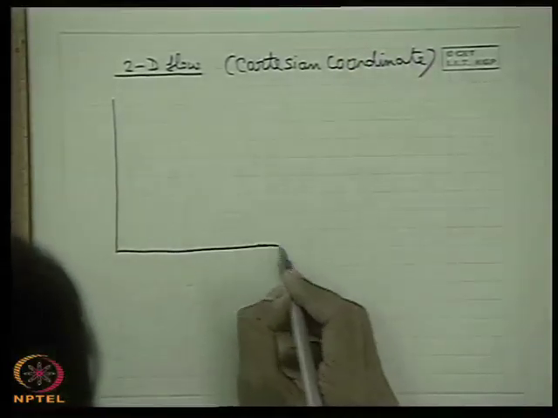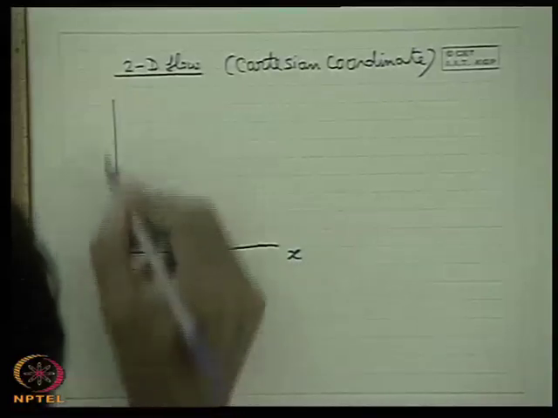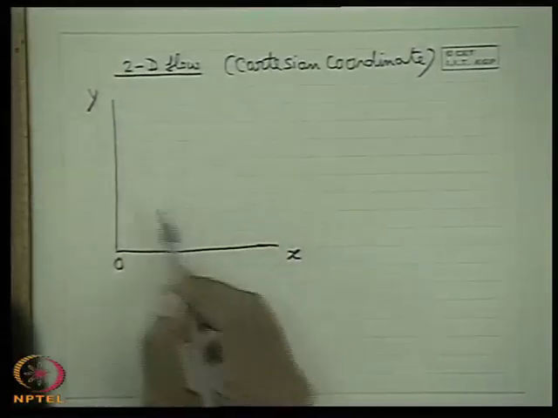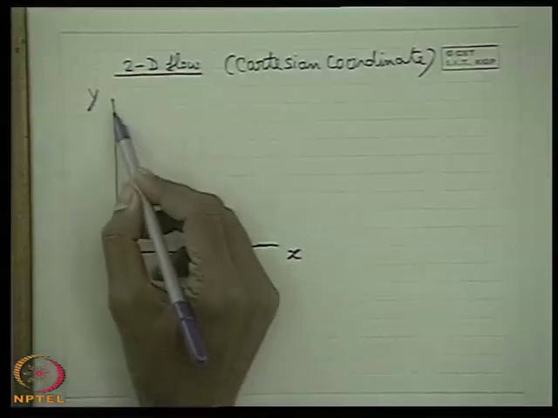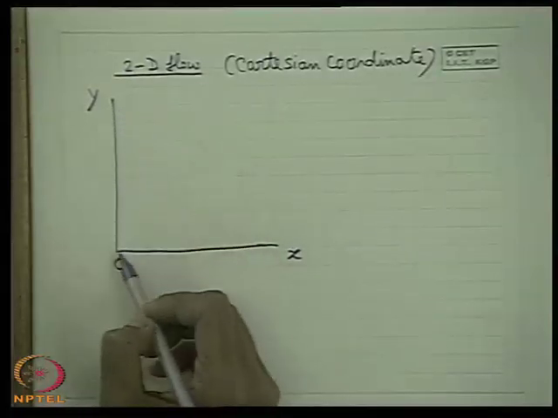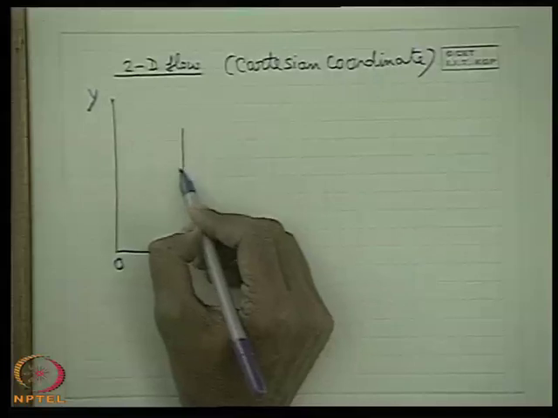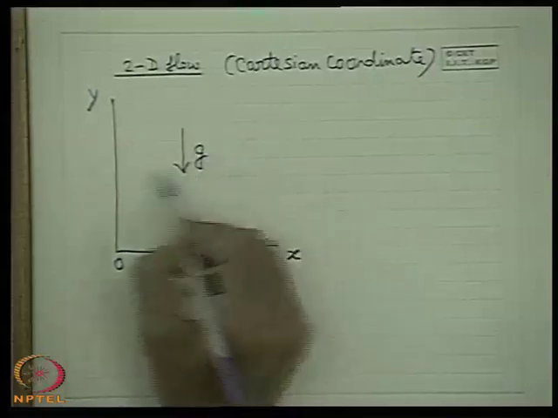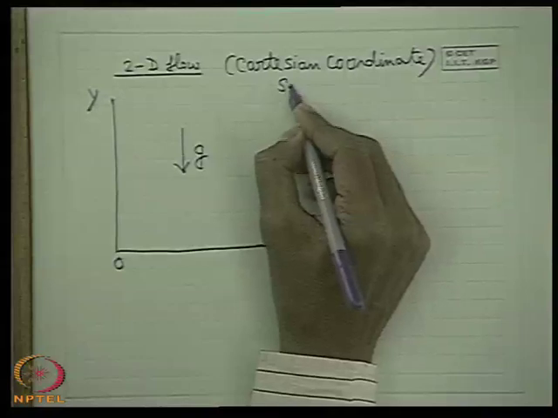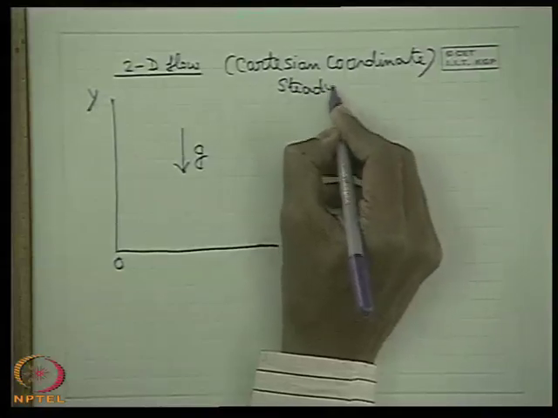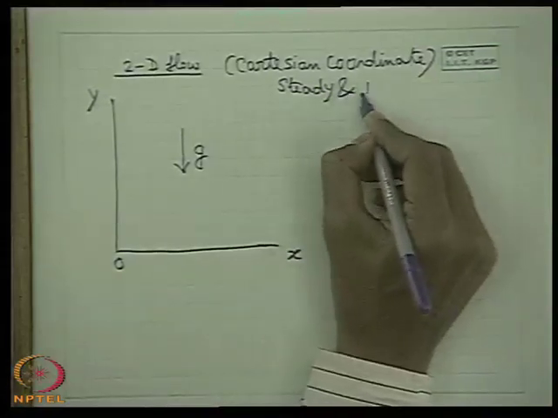In this case, let us consider only x and y, no z. We consider the y-axis in the vertical direction, y directed positive upwards, vertically upwards, so that g is acting downward. So this we consider as the frame of coordinates, and also we consider a steady and incompressible flow.